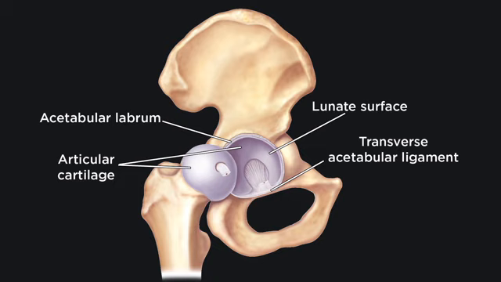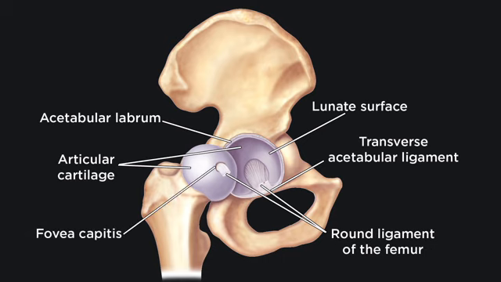Unlike the shoulder, the hip has an intracapsular ligament, which means it's within the joint capsule itself, and it's known as the round ligament of the femur, or sometimes by the Latin name ligamentum teres femoris. It attaches the deep surface of the acetabulum to the fovea capitis on the head of the femur.